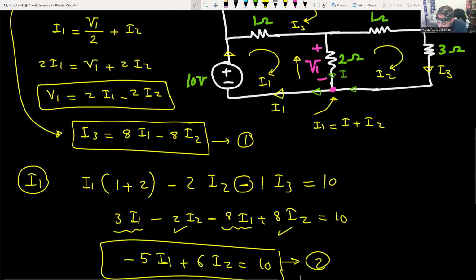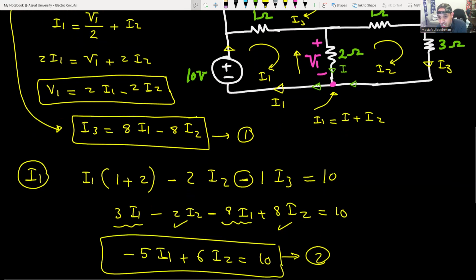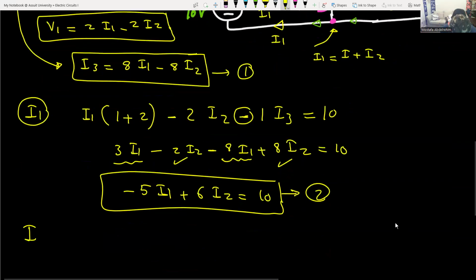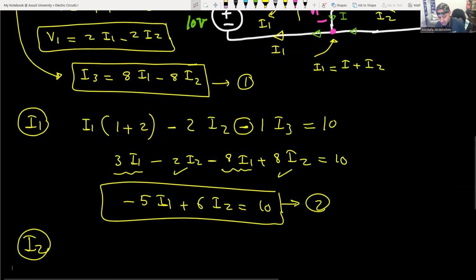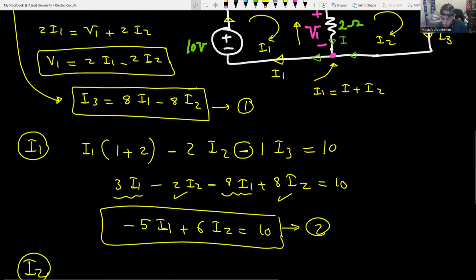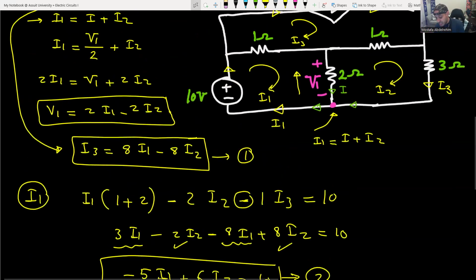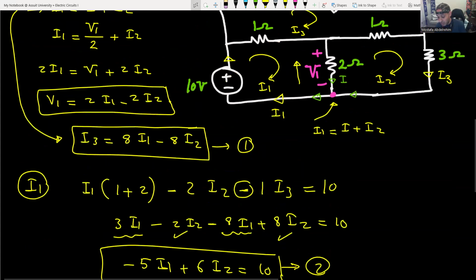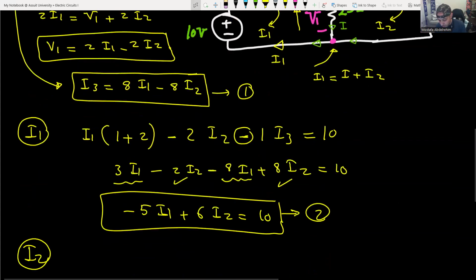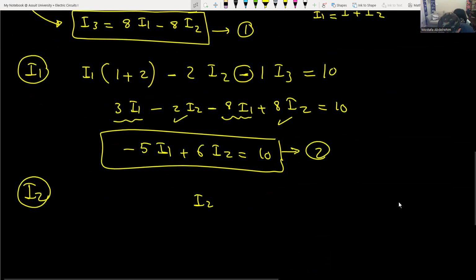Now let's take the equation of mesh I2. Again, same principle, but just to keep the order, I'm going to write I1 first. Or we can start with I2. So I2 multiplied by the summation of the resistances in mesh 2, so I2 multiplied by 1 plus 2 plus 3, because we have a resistance 1, a resistance 2, a resistance 3.